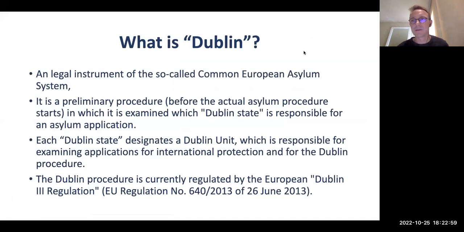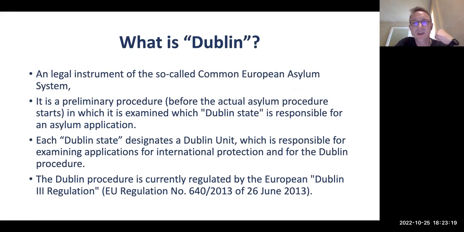What is Dublin? In a nutshell, you could say that, as we talked about already, it is a legal instrument of the so-called common European asylum system. It is, as I told you, sort of a preliminary procedure.